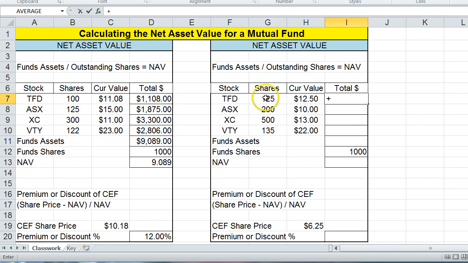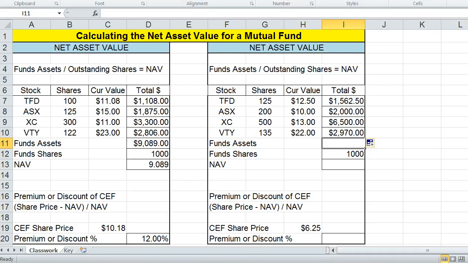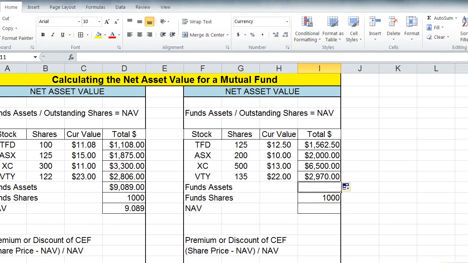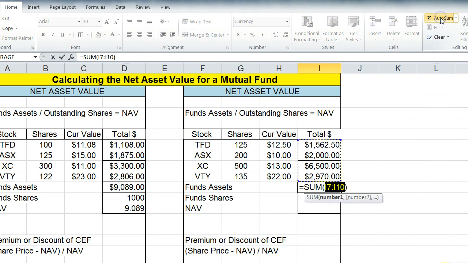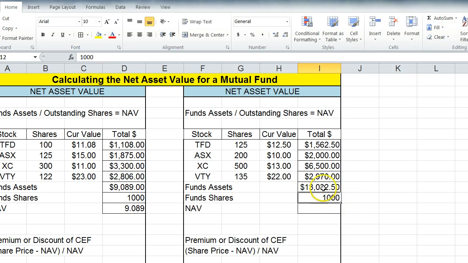Okay, so if you tried this example, the first step would be actually calculating the value of every stock held within the mutual fund. After that, we would want to calculate the total assets of the fund. To do that, there's a nice little auto sum button I can press, and that just automatically will calculate that for me.